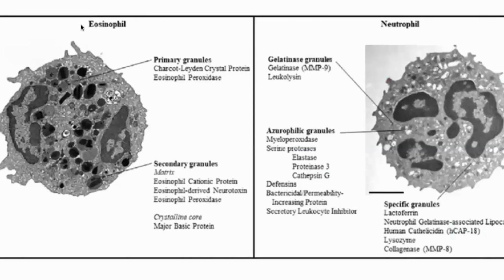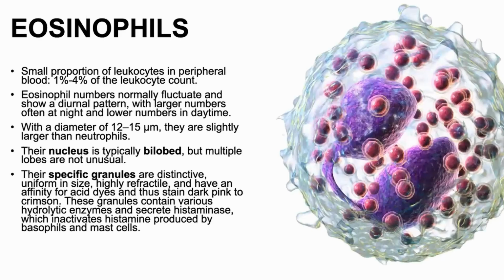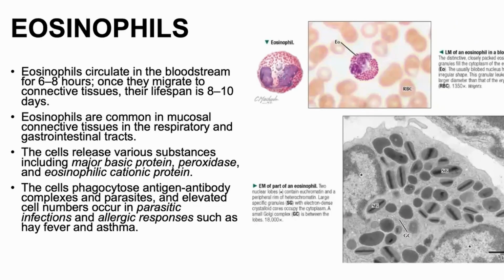So this is just showing the eosinophil, the granules, primary and secondary granules, and the proteins that are contained within both, and the neutrophil's primary azurophilic granule as well. The eosinophils circulate in the bloodstream for only 6 to 8 hours. The lifespan is 10 days, and you find them in the mucosal connective tissue, in the respiratory tract and the gastrointestinal tract, where you have contact with the external environment.